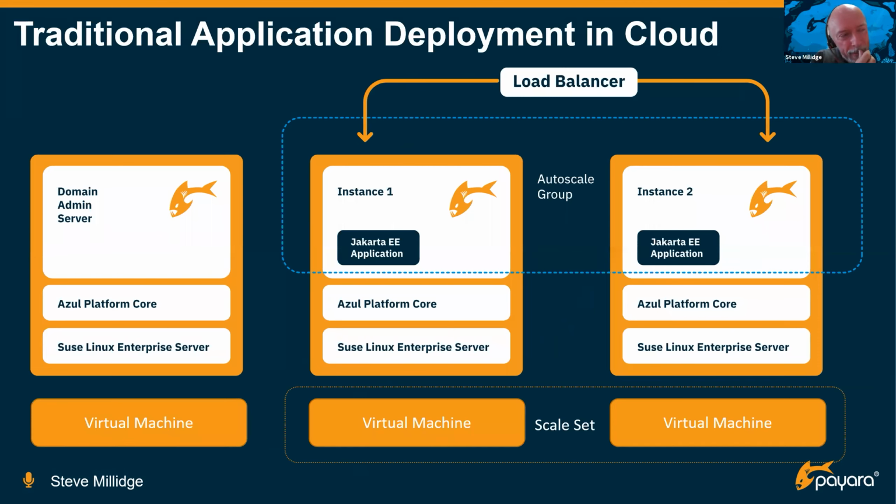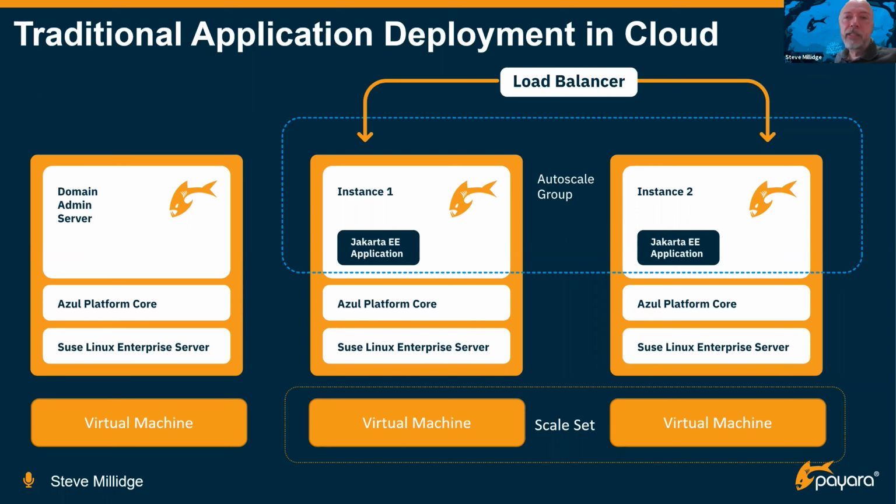If we go back to that slide where I had the spectrum of runtimes you could use, we could take your thinwar and run it either on an edge device on a single Payara Micro instance, right up to some big Payara cloud, and in the middle was a traditional application deployment. In Payara, we make sure that our runtime runs well on different types of cloud infrastructure.